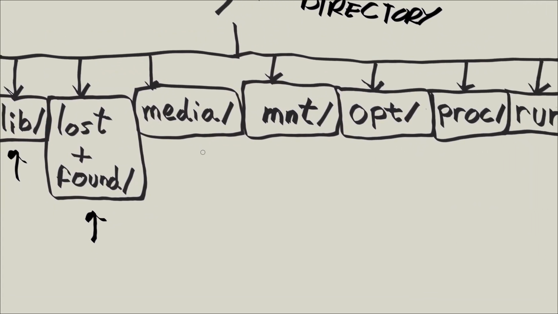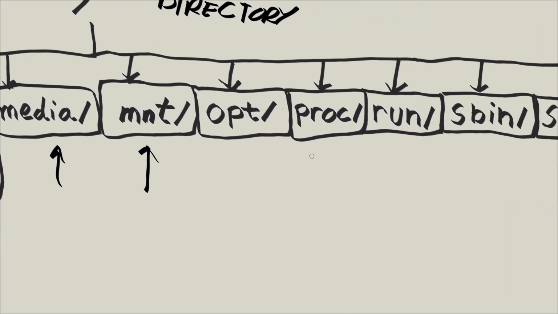It is the folder where you look if you mess something up. Media contains files that enable access to disks. Mnt, short for mount, also contains files that enable access to disks.